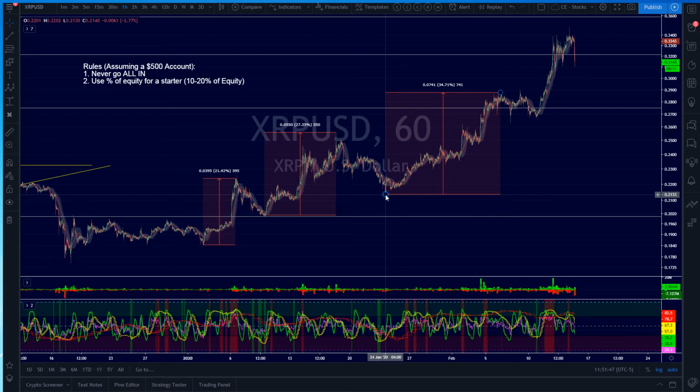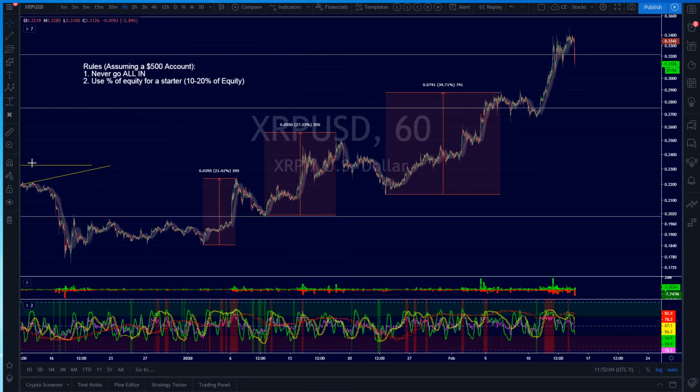So what we've done here, we've taken $50 and turned it into $90, but since I'm only putting in $50 at a time, I now have $40. I can use that $40 for something else.